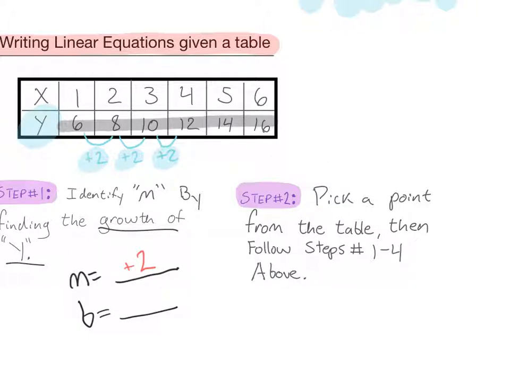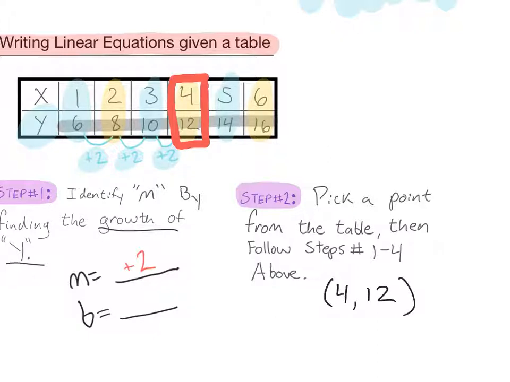So this 1 and 6, that's a point. 3 and 10, that's a point. 5 and 14, that's a point. That's a different point, that's a different point, that's a different point. You can pick any one of them you want. I am going to pick 4 and 12. Why not? So step 1, I have picked a point, 4 and 12, and let's write it down, 4, 12.